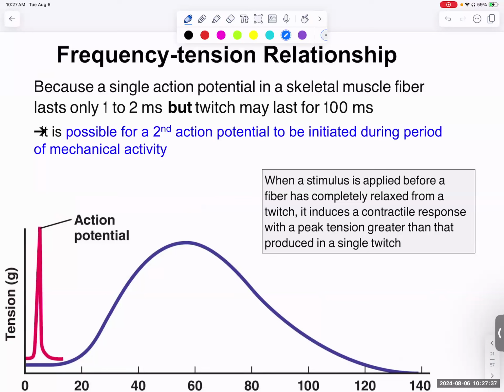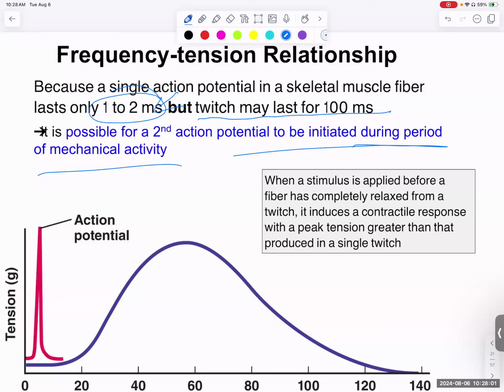Frequency tension relationship, because a single action potential in a skeletal muscle fiber only lasts for a couple of milliseconds. That's the action potential. But the contraction or twitch can last for hundreds of milliseconds. And so you can have a second action potential being initiated during the period of mechanical activity.